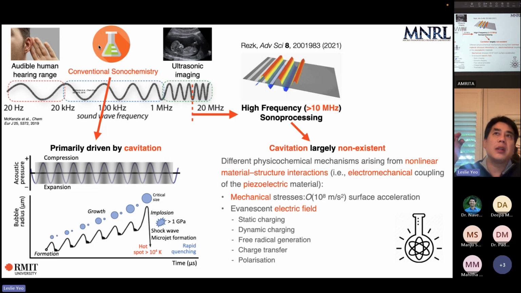We drive things at less than a watt, sometimes even milliwatts, whereas with ultrasound, it's tens of watts or 100 watts, all right? So cavitation is non-existent. So what's the predominant mechanism? Well, I'm going to just give you a hint, but I want you to keep that in mind throughout the rest of this talk. It's because it's not cavitation.